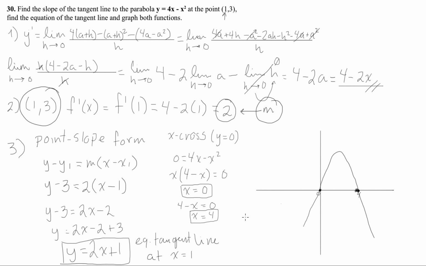And then we're going to locate the given point, that is (1, 3), which will be over here. And our tangent line will cross at 1. So it will cross over here. And then it will be tangent to this point.